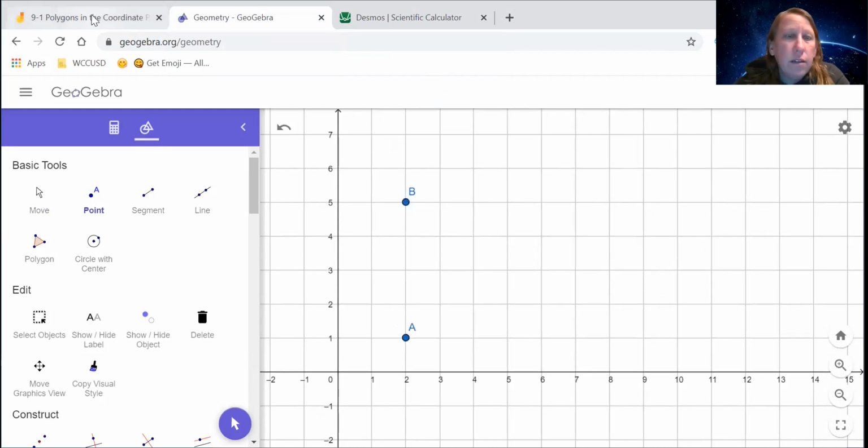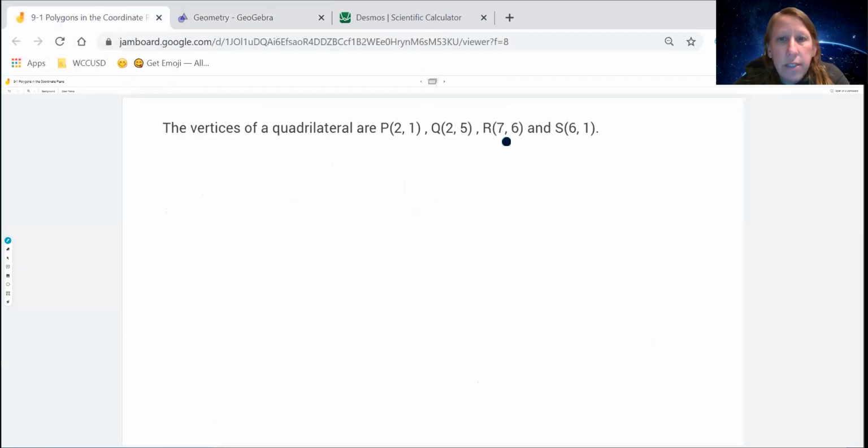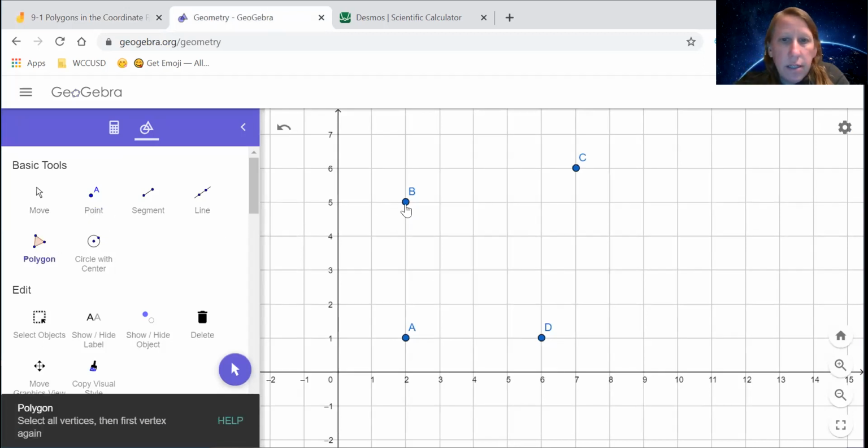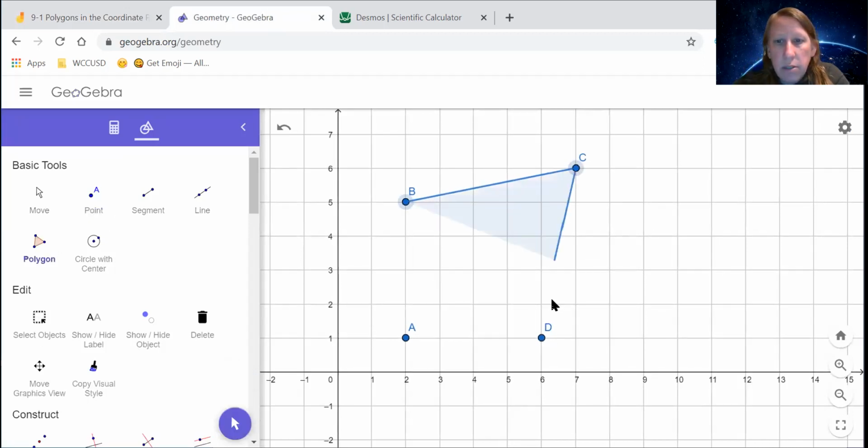Okay. Interesting. What are my other two? 7, 6 and 6, 1. All right. So what kind of quadrilateral is this? Is it special? Can I prove it's special? Maybe it's special.